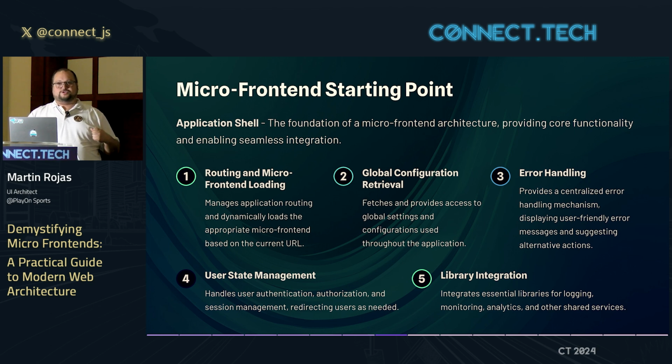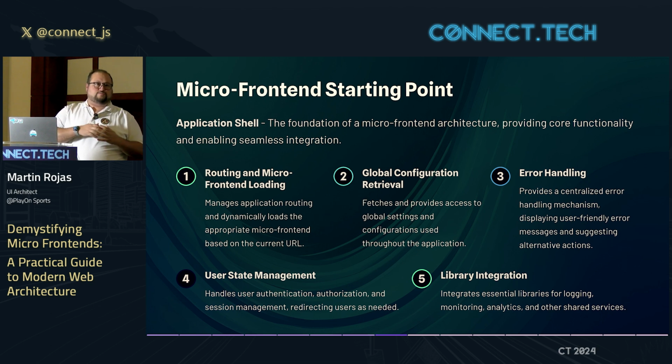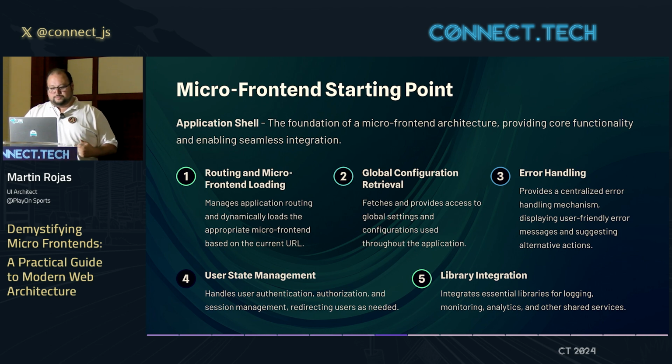Those should be provided from the shell, and you solve that problem once. That way, if they're expecting the flags to come a certain way, and you change providers to a different company, you change it once, and you can do that data remodeling and parsing, and send it back the same way. So there are no changes to any of your micro front end applications. You're that buffer layer.